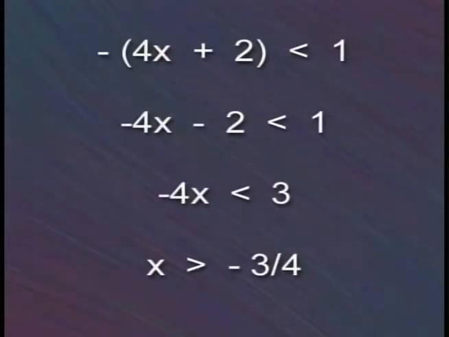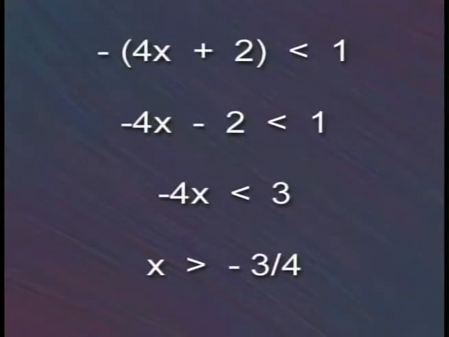However, values that satisfy the absolute value of negative 4x plus 2 is less than 1 will also work. So let's solve this negative inequality. Clear parentheses. Negative 4x minus 2 is less than 1. Add 2 to both sides. Negative 4x is less than 3.